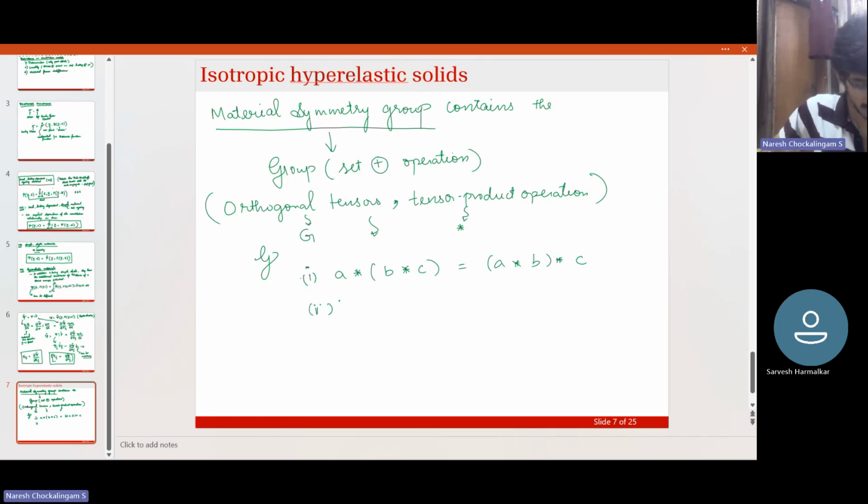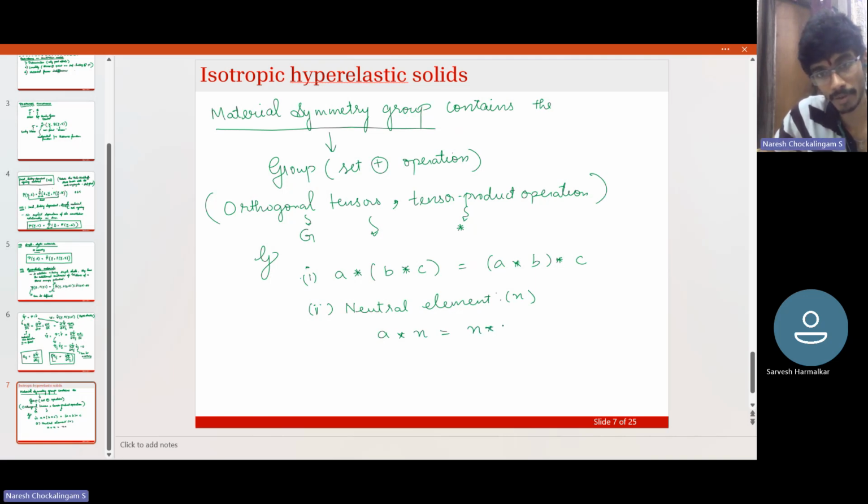The second condition: there should be a neutral element. Let us call it N. So A acting on N, and N operated on A, should be equal to A. So this is called the condition of the existence of a neutral element.